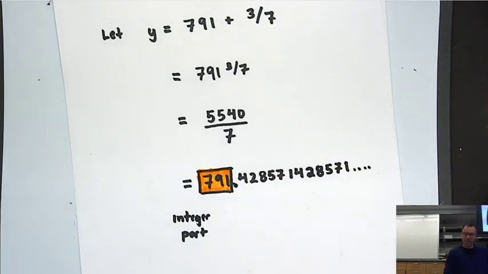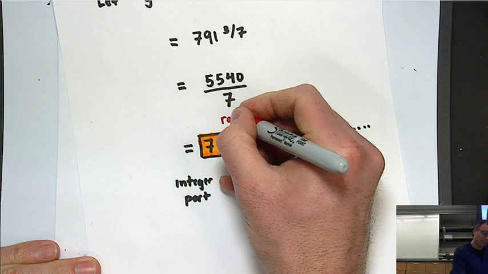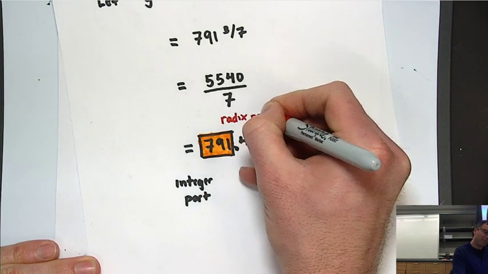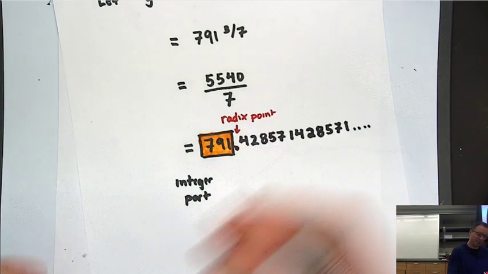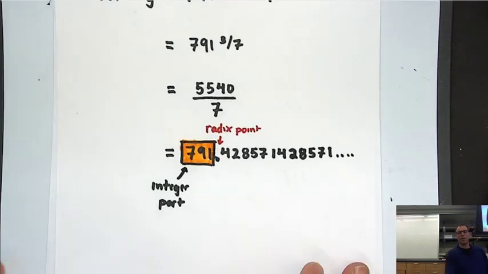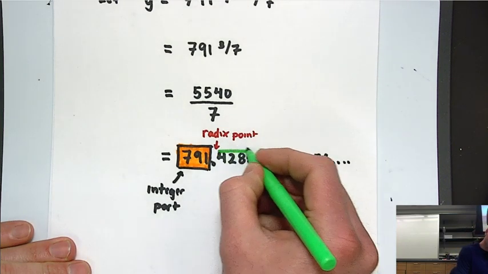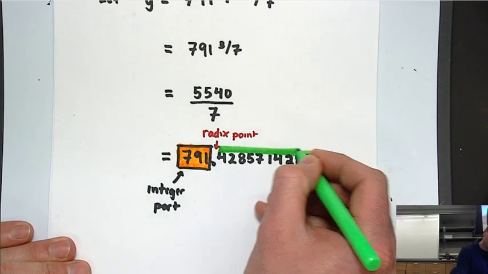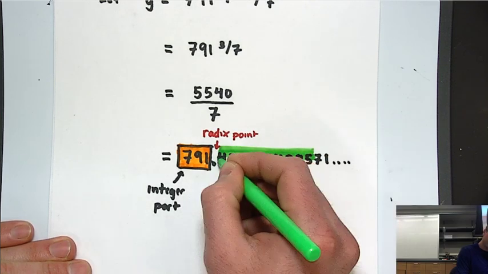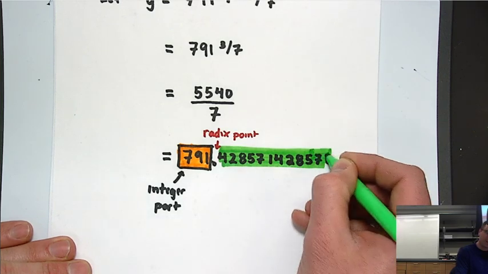What did we call the thing in between? Yeah, I would specifically name it the radix point because it is a point, right? Europeans like the little comma, which I'm not against necessarily. This thing right here, what do we call it? Somebody see something very interesting about this fraction?